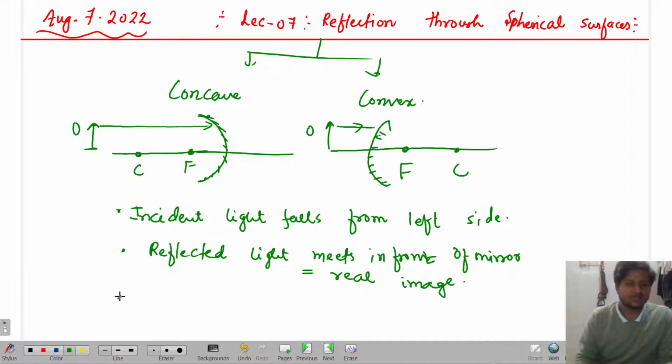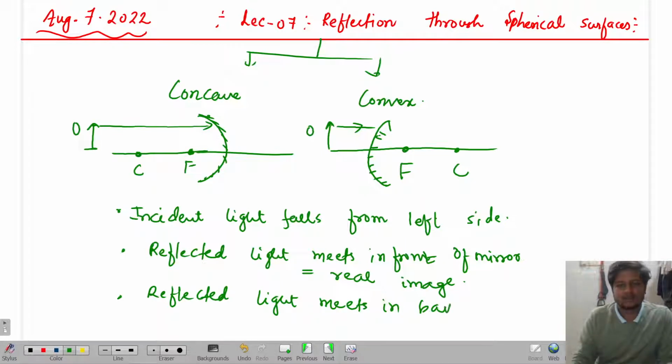And when reflected light meets in back of the mirror, they give you virtual images. So based upon all of these properties, we are going to talk about concave and convex mirror.